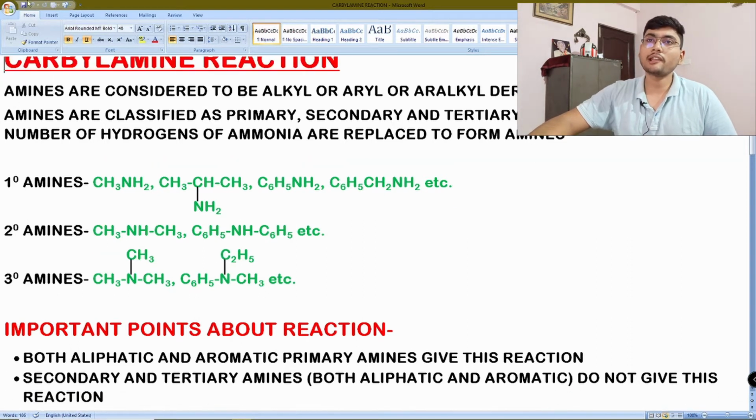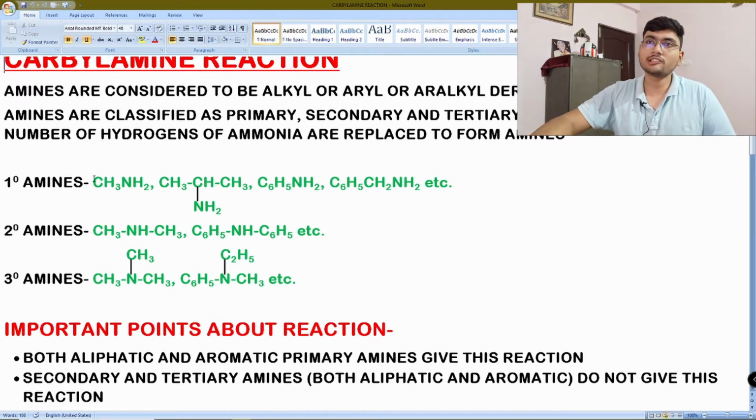See my cursor, the heading is primary amine. You see in each example there is a replacement of one hydrogen by an alkyl group or an aryl group. This is NH2. Ammonia is NH3, so one hydrogen has been replaced by a methyl group.